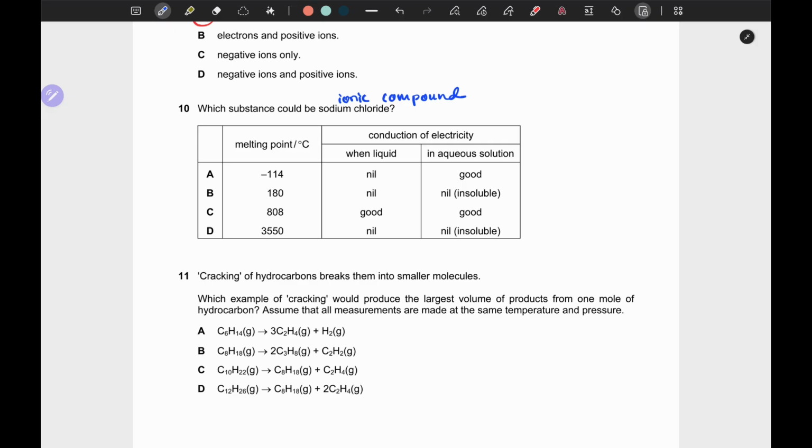So when liquid, the conductivity must be good, and it must conduct electricity when in an aqueous solution. However, if you look at your options, if you just look at the liquid column, we have nil for A, B, and D, and we only have a good conductor for C. So we don't even have to look at the other columns to determine our answer. So for 10, the answer is simply C.